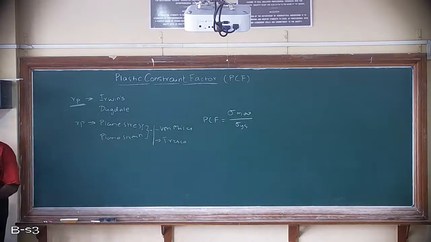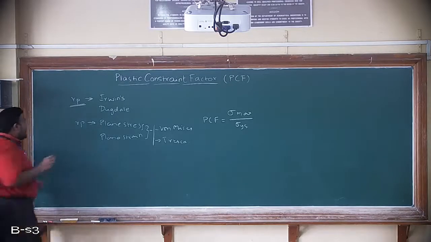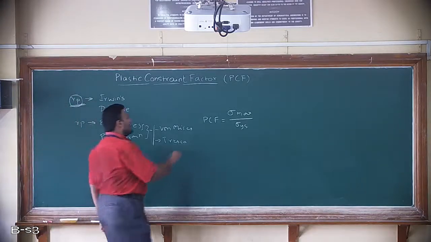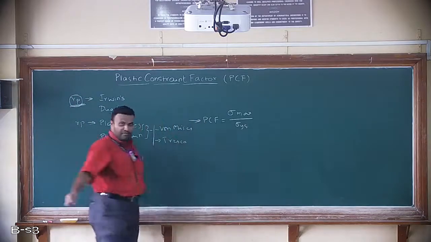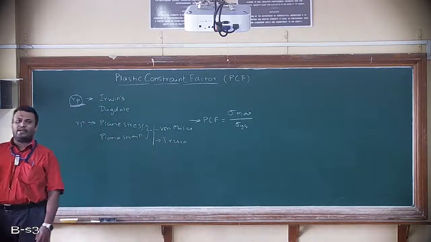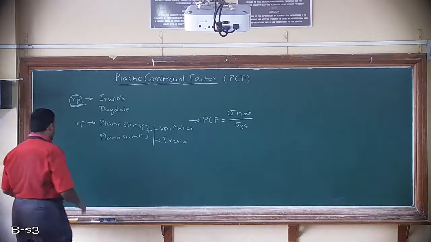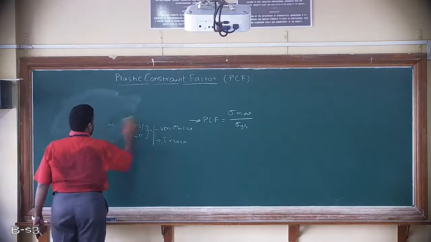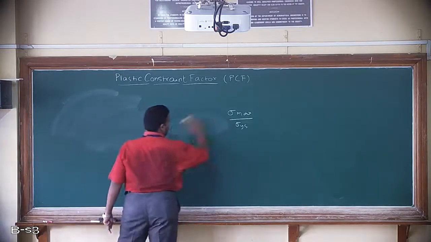Here we shall obtain the expression for the size of the plastic zone using this PCF. So let us see how to determine the size of the plastic zone using the plastic constraint factor. Let's begin with this lecture.